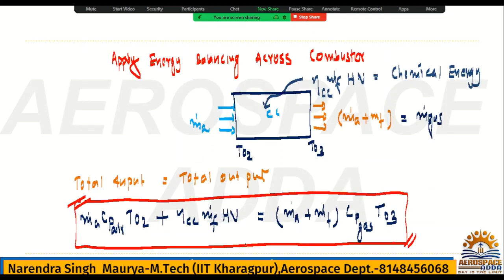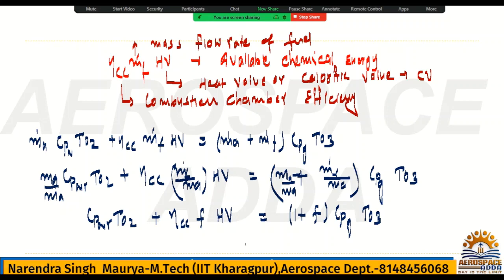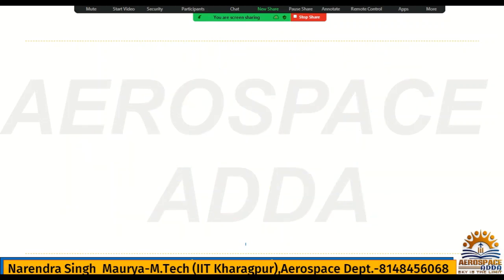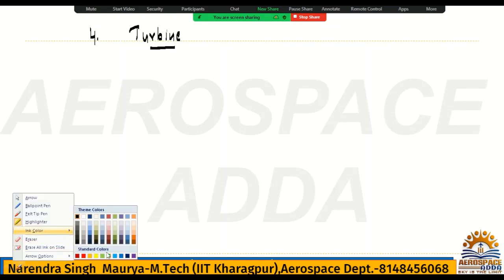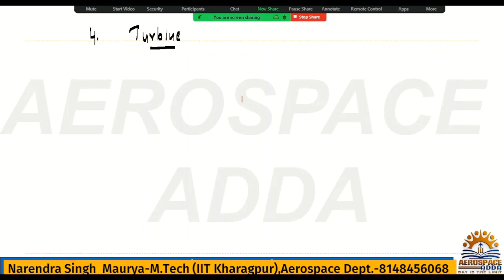Now we'll go for the next component of the jet engine, and this is number 4. What is the 4 number? It is turbine. Check the turbine. It is also a rotatory component. So turbine is what?